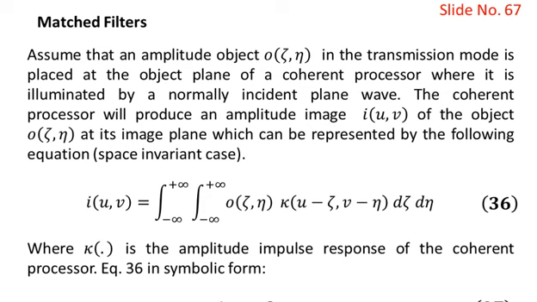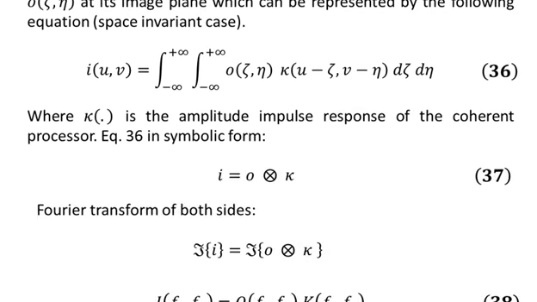Kappa has been written as a difference coordinate. It means that we are talking about a space invariant system, and kappa is the amplitude impulse response of the coherent processor. Equation number 36 in symbolic form can be written as given in equation number 37.